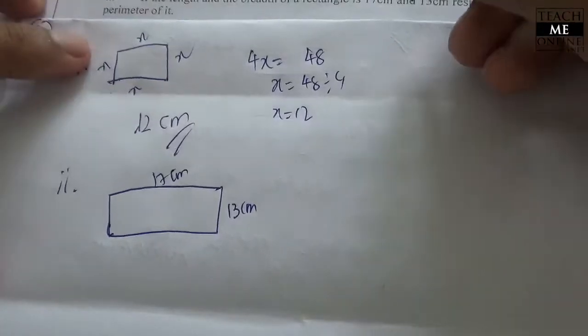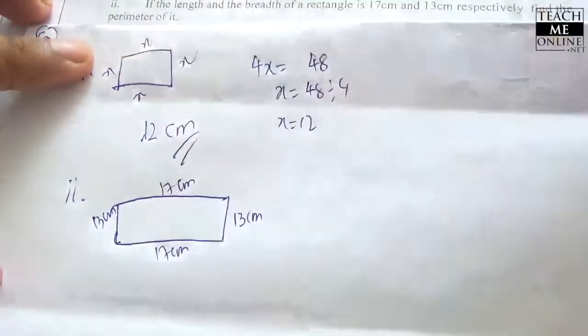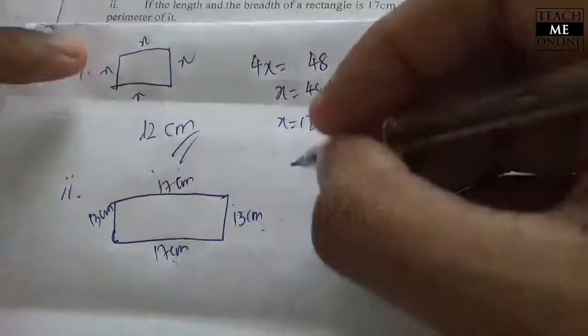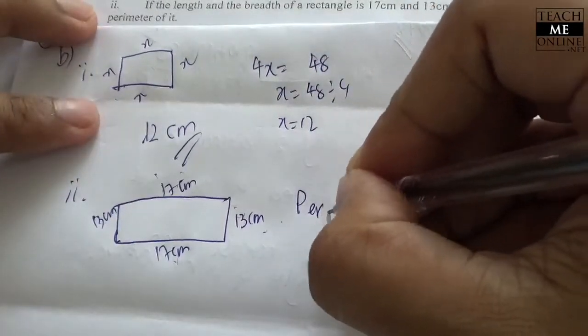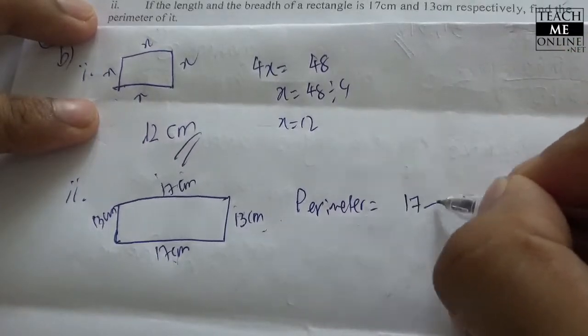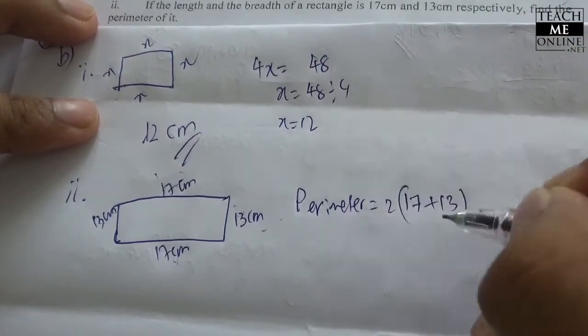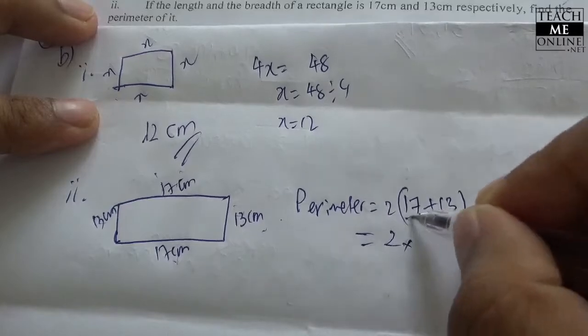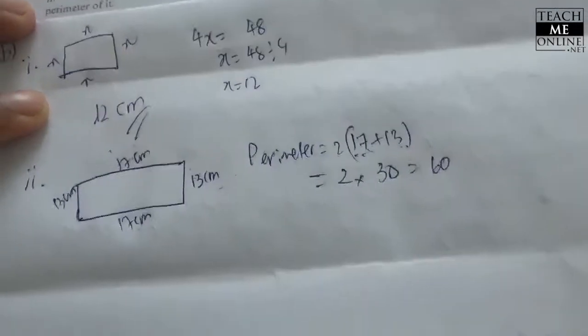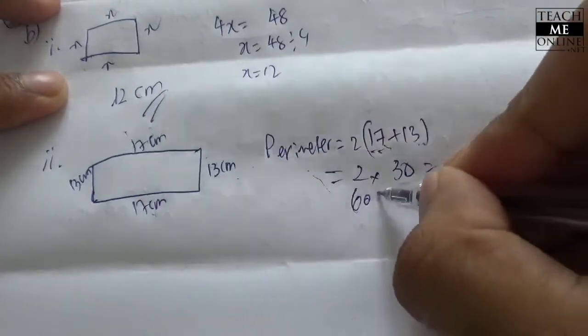To get the perimeter, you can add the length and the breadth and multiply it by 2, because there are 2 lengths and 2 breadths. So perimeter is equal to length plus breadth multiplied by 2. 2 times 17 plus 13 is 30. 60. So the perimeter is 60 centimeters.